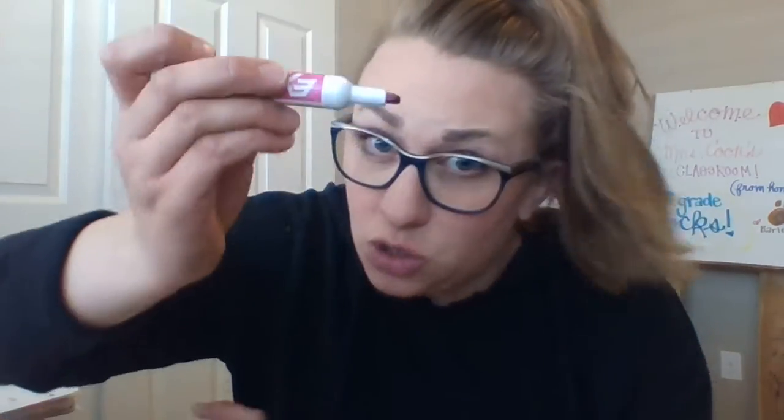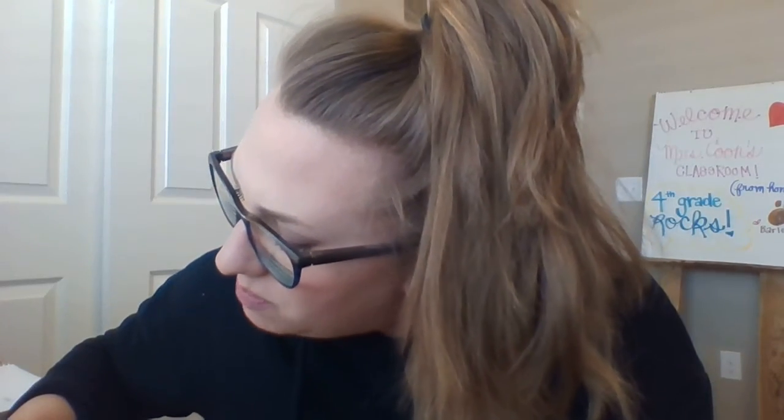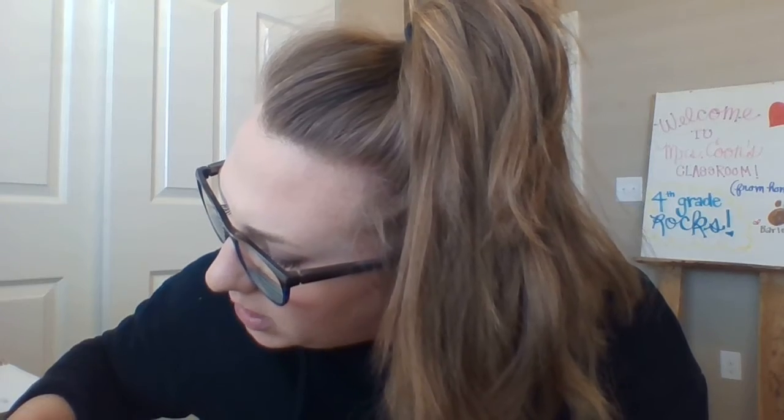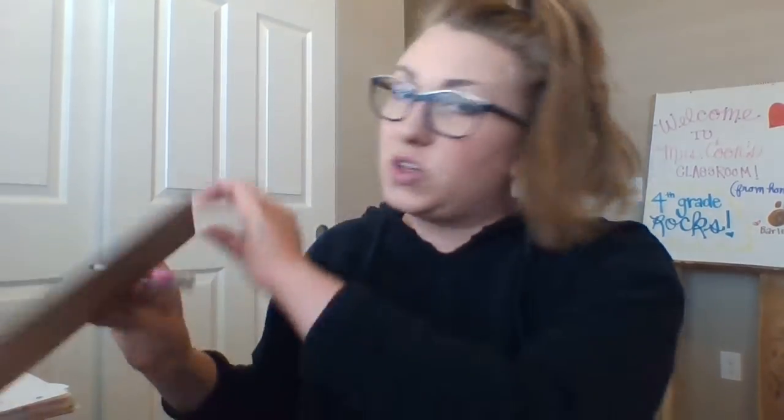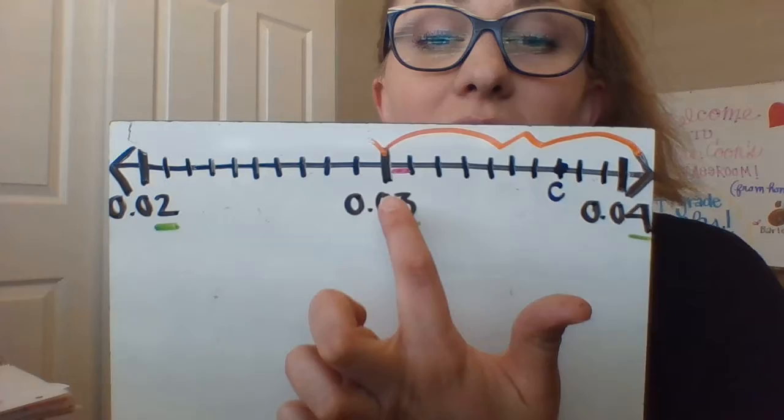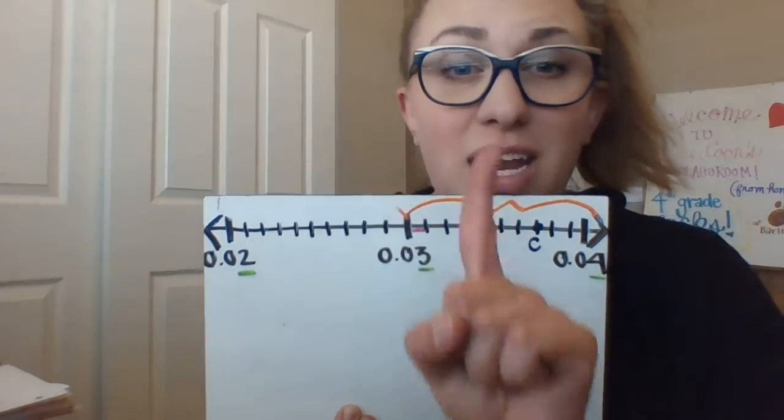The thousandth is that cube. That's the thousandth. Okay, anyhow, every single space between, and I'm going to do this in pink, you can see my little guy there, that is a thousandth.